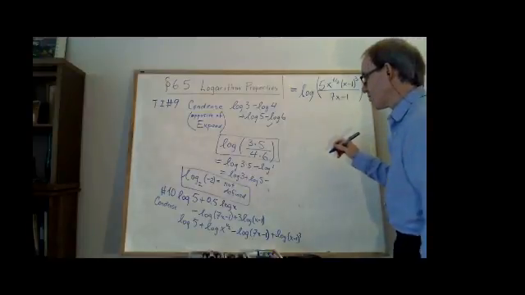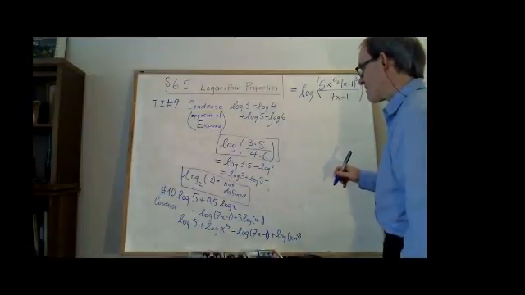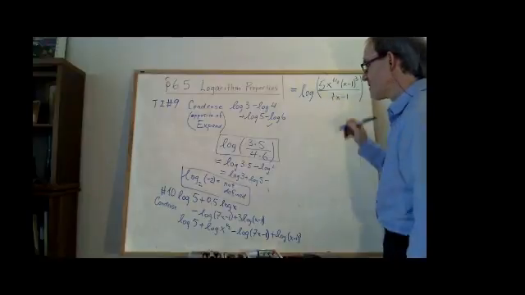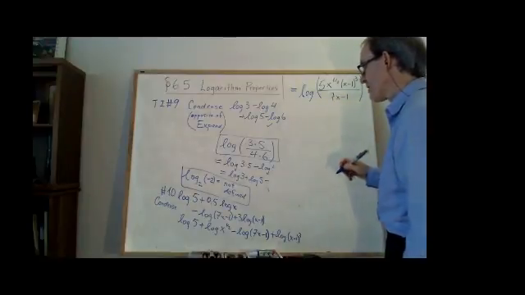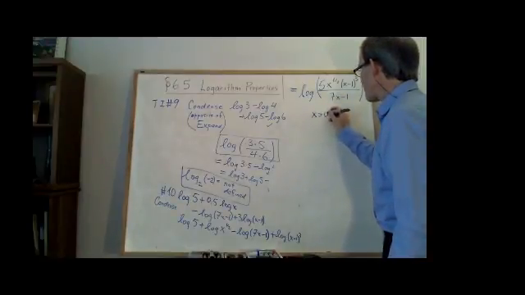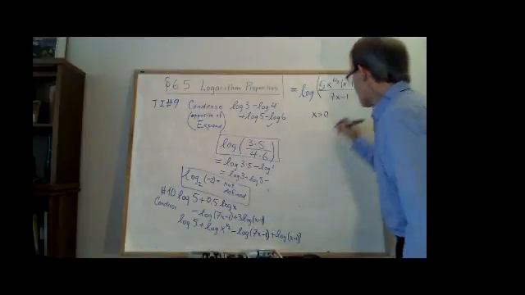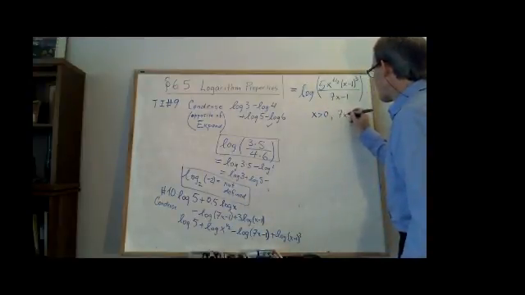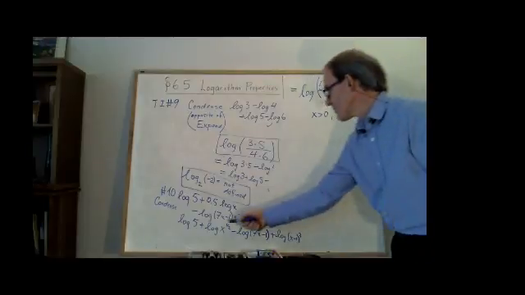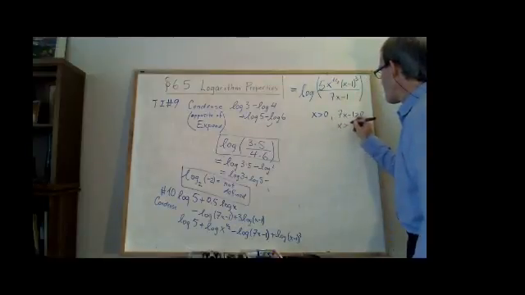And we should possibly put restrictions on this so it makes sense, so we're not getting negative values in the arguments of the logarithms, by saying x is greater than 0 for this factor, 7x minus 1 is greater than 0 for this factor, and x minus 1 is greater than 0 for this factor.